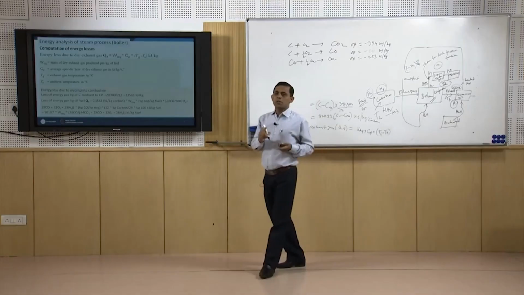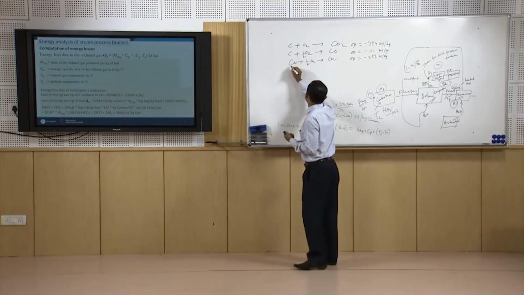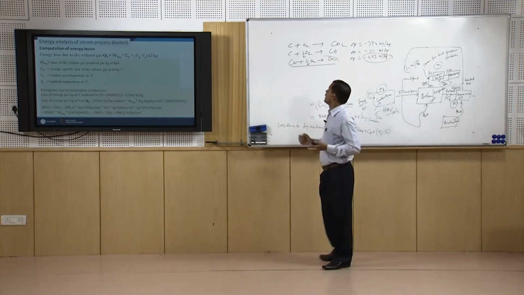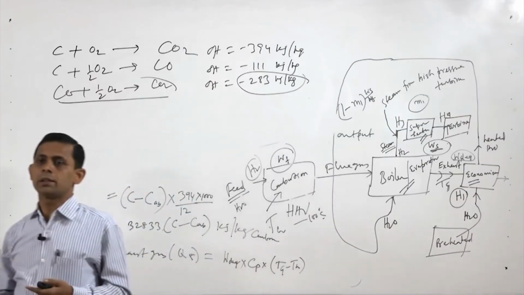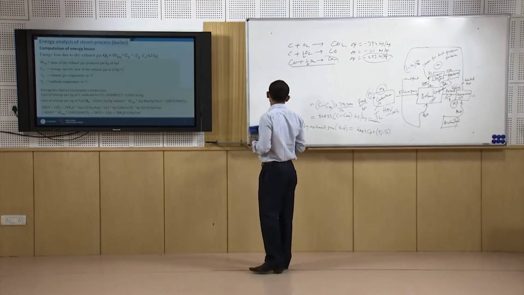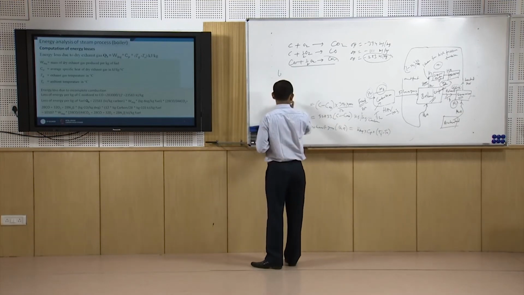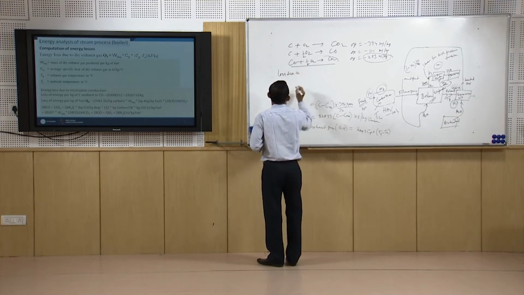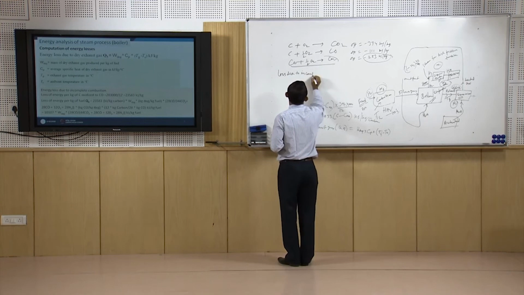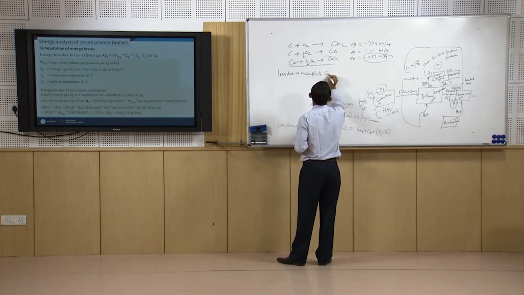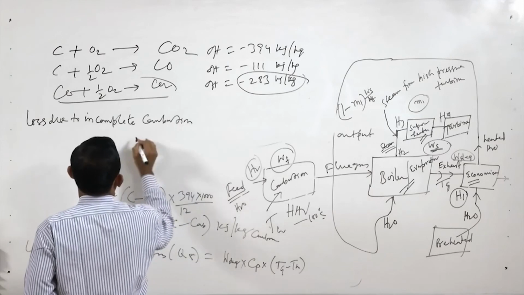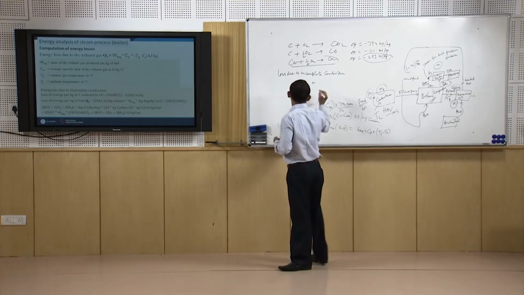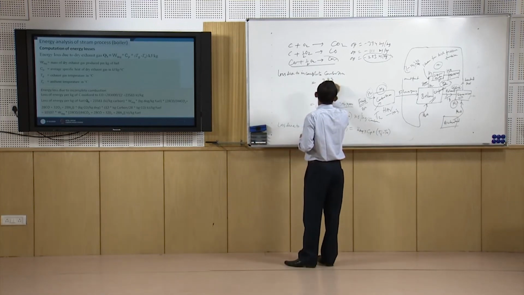Now, if the carbon is not completely combusted, this reaction will not proceed and we will lose this amount of energy. So, per mole of carbon we will be losing 283 kilojoule of energy. So, loss due to incomplete combustion will be equal to 283 divided by 12.